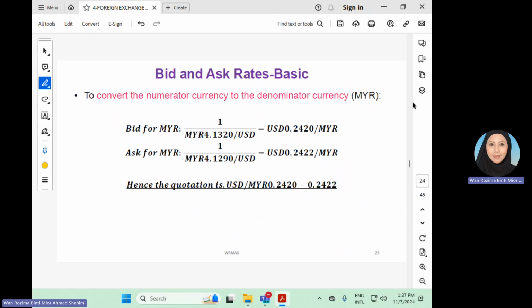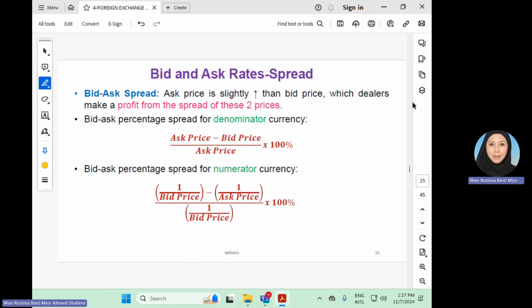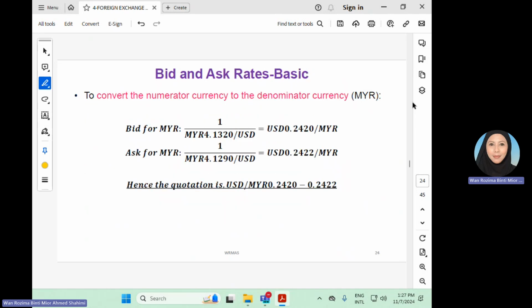When you take the reciprocal, the Malaysian ringgit becomes an indirect quote, with Malaysian ringgit as the denominator. So the quotation is 0.2420, this one is bid, and 0.2422, this one is ask price.